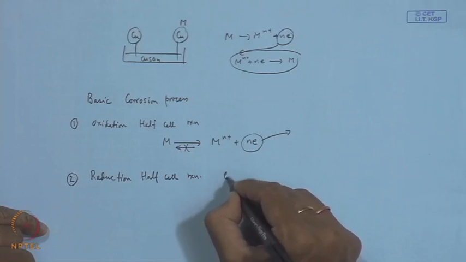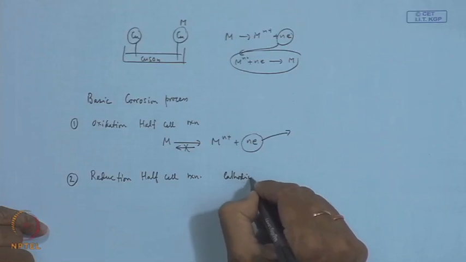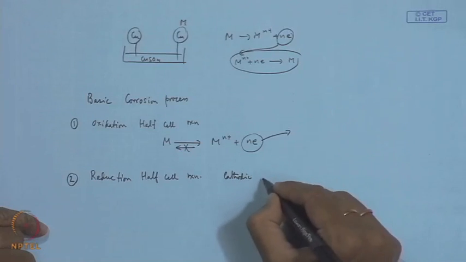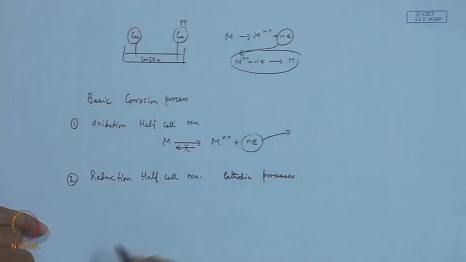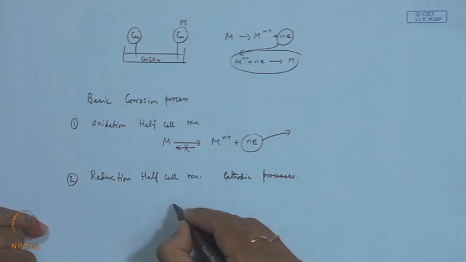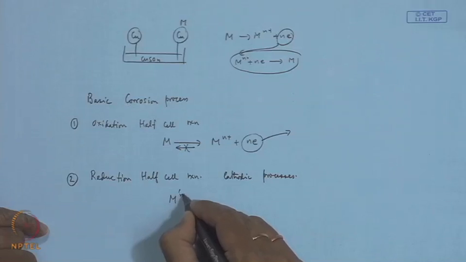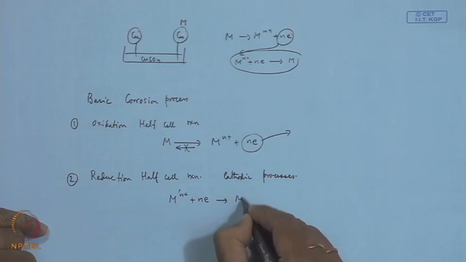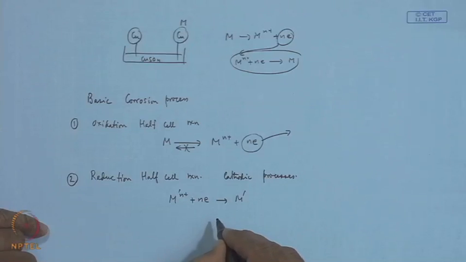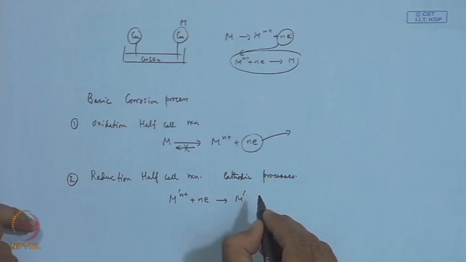So, maybe secondary cathodic processes, like M primed n plus plus n electrons giving rise to M primed metal. Okay, this could be one process.